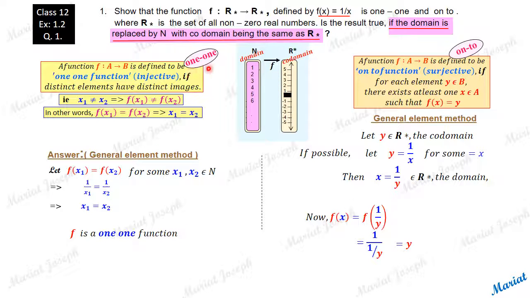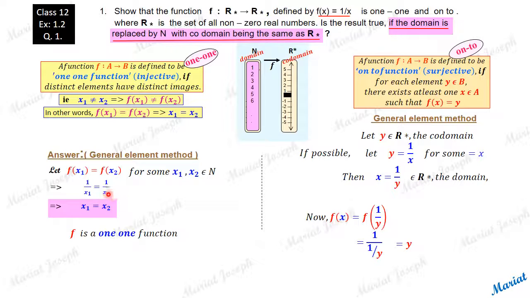Let's cross check the one-oneness once more. Let f of x1 be equal to f of x2. Two images, let them be equal. Then 1 by x1 equals 1 by x2, which implies x1 is equal to x2. Hence the function is 1, 1 because x1 and x2 are now natural numbers.